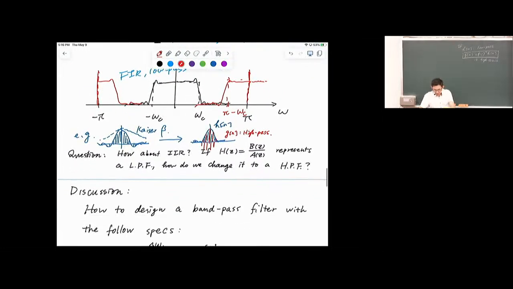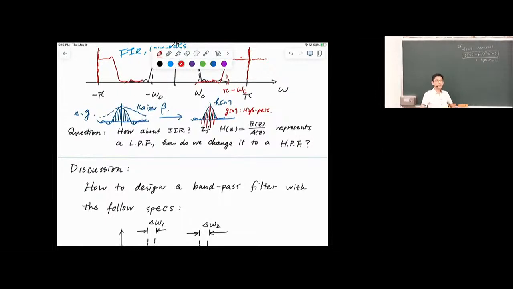Then before we leave, we can have two discussions. First is how about IIR?